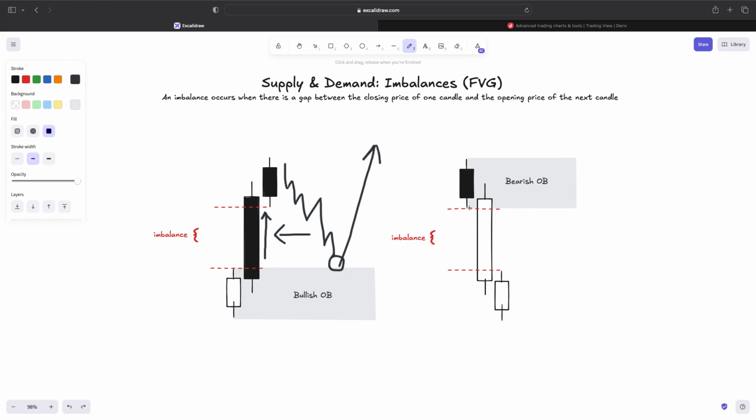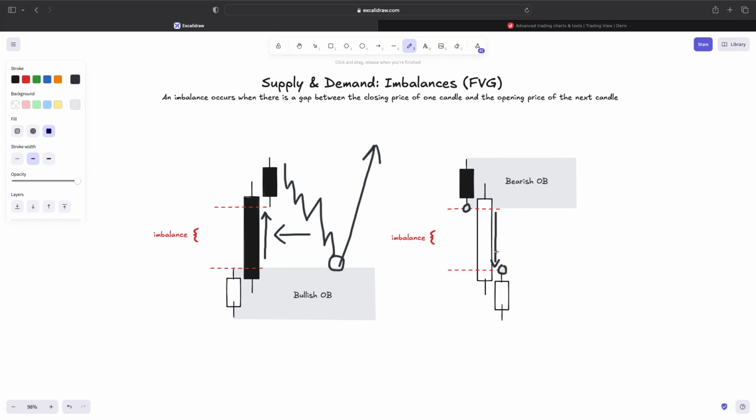We're going to do a comparison using the first candle and the third candle. As you can see, the wick of this first candle is not touching the wick of the third candle, which forms what we call a fair value gap or an imbalance. Around this area we have this huge gap in between those two candles.